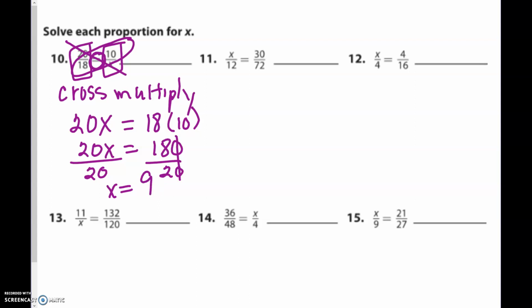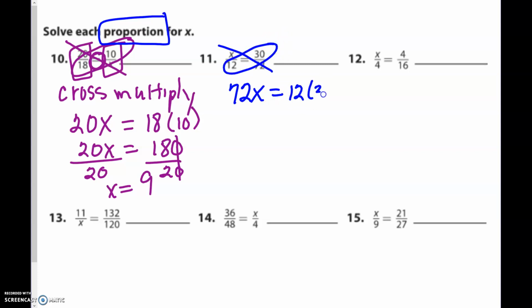All right, going in here to the second problem. Again, we have a ratio equals a ratio. That's what makes it a proportion. When 2 ratios are equal to each other, that makes it a proportion. So we're going to solve this by cross multiplying. So 72 times x equals, and I'm going to multiply going the other way. So 12 times 30.